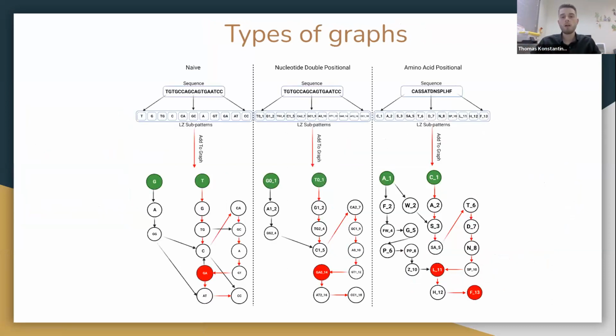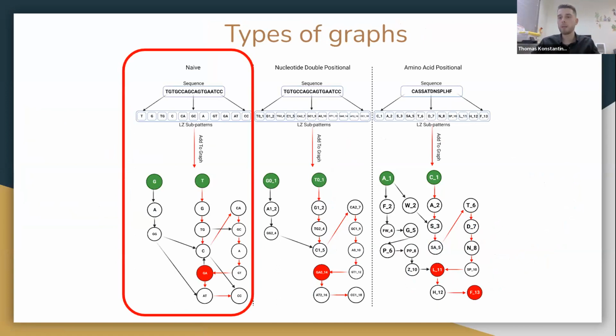So we presented in this paper 3 types of graphs. The one that follows the examples I just showed you is a naive graph. And why is it naive? Because it simply uses the sub-patterns as they are without any modification, and it's naive because it contains cycles. Those cycles are really crucial when looking at downstream tasks.